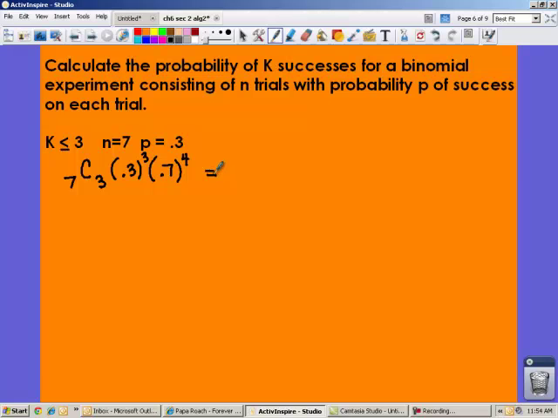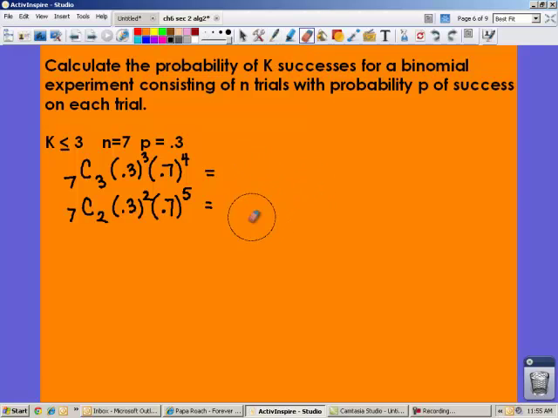And when you plug that in your calculator, you're going to get 0.0823543. Now that's at k equals 3. They want k equals 3 and less than that. So we now have to go to 2. We're going to write everything exactly the same, except for the 2 and 2 here change, and then 7 minus 2 is 5.